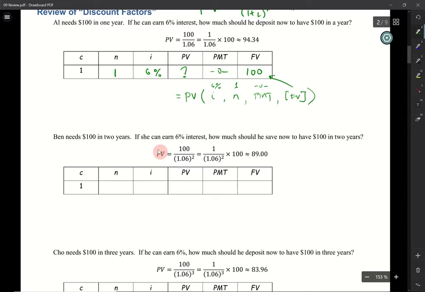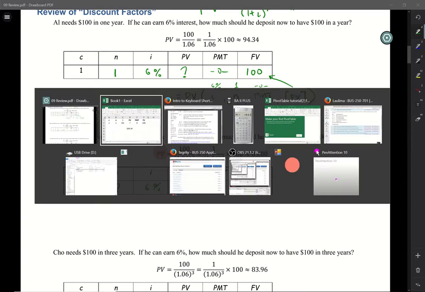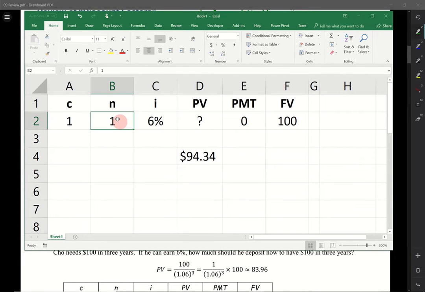So again, if we were doing this, say, from scratch, we would say it's 2, it's 6%. What is the present value? There's no annuity, and here they're really, say, wanting $100. So the sign actually doesn't really matter, and so we just put in 2, and we get 89.